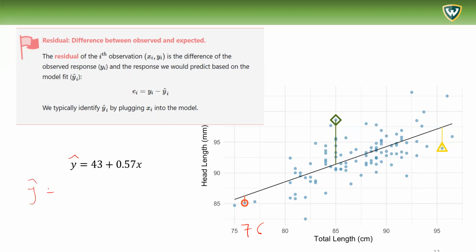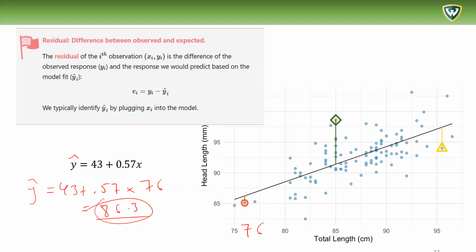So the y hat estimate equals 43 plus 0.57 times x, where x is the number, so times 76, which equals 86.3 millimeters. The y is in millimeters. So if you told me you found a possum and it had a length of 76 centimeters, the linear model, the fit equation, would estimate that its head would be 86.3 millimeters.